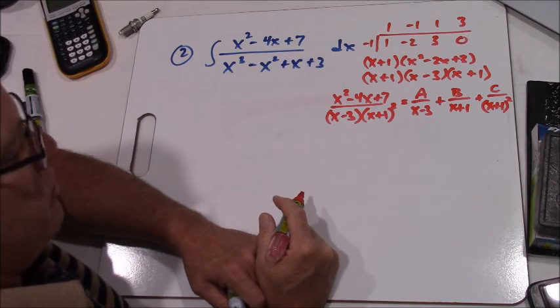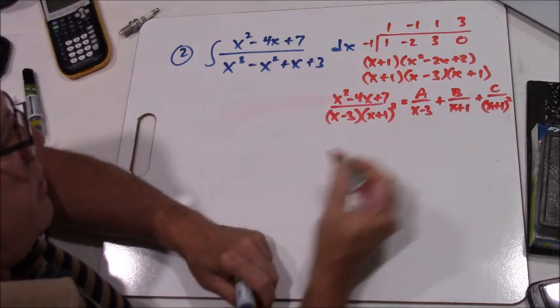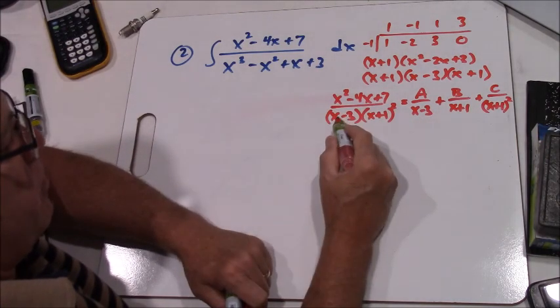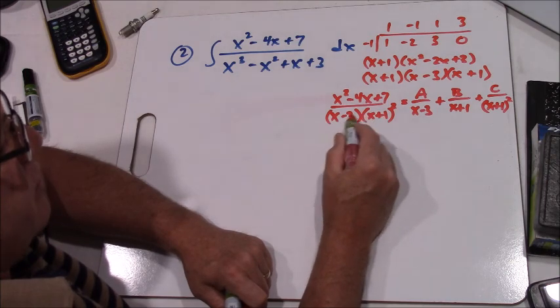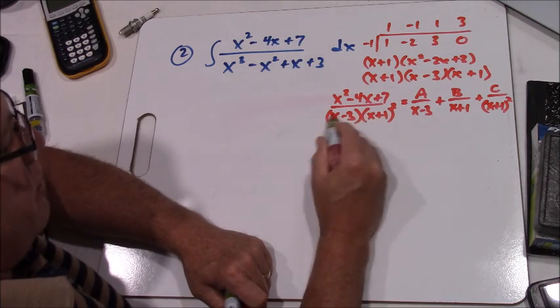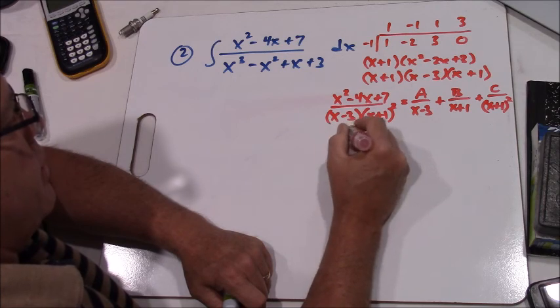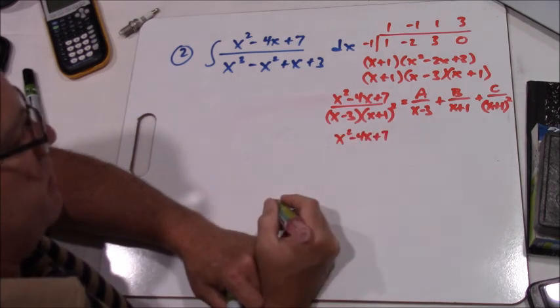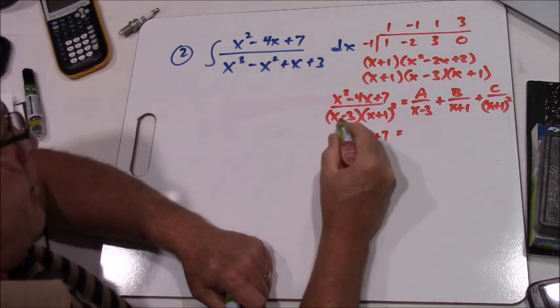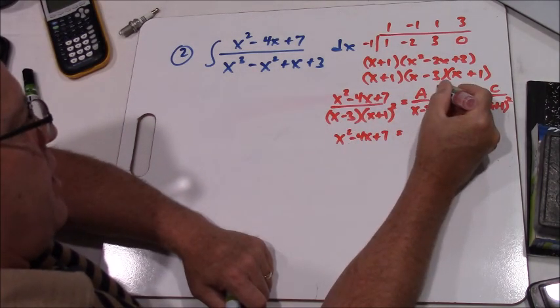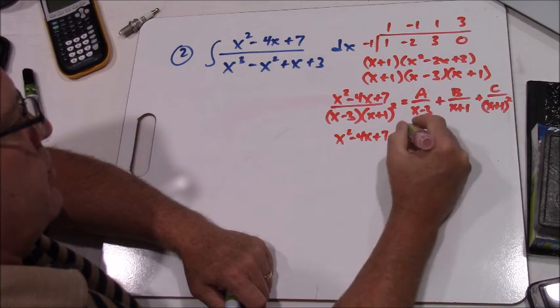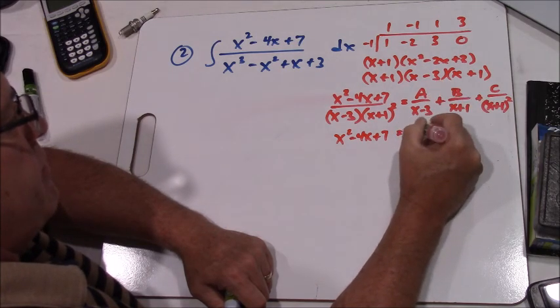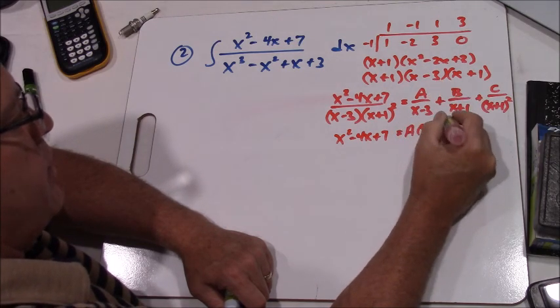And so now what I need to do is multiply this whole thing times the least common denominator, which is this right here. So when I do that, all of this will cancel on this side, so I get x squared minus 4x plus 7. If I write all this stuff next to A, the x minus 3's will cancel, and I'll be left with x plus 1 squared.